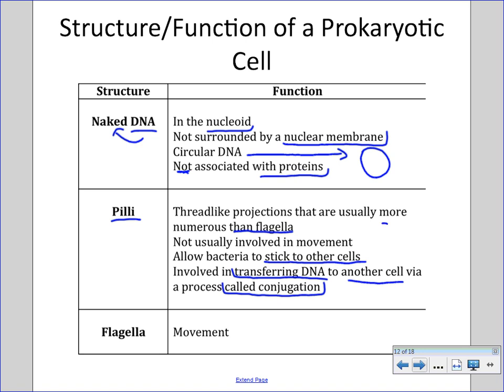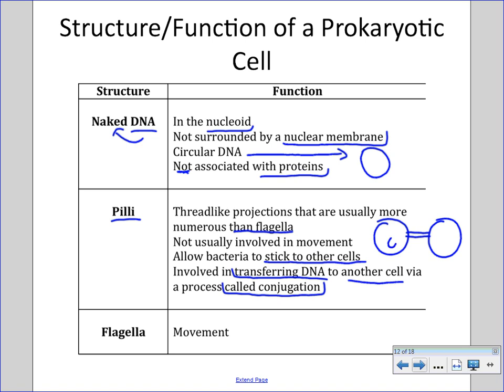If you have two bacteria cells next to each other, they can have these pili projections that will connect the two cells together, and this will allow the transfer of DNA.